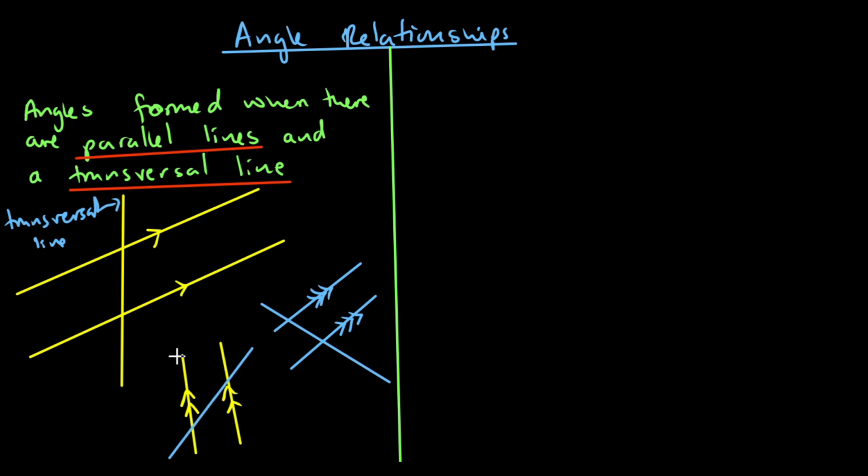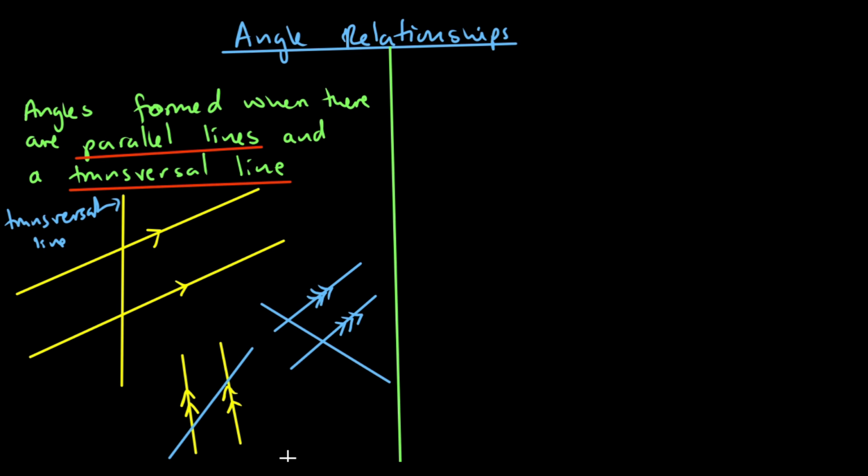Any line that is drawn cutting across two parallel lines is called a transversal line. A transversal line may cut across 3 parallel lines or 4 parallel lines, but at least we should see the 2 parallel lines that are being cut by that straight line. Then it's a transversal line.